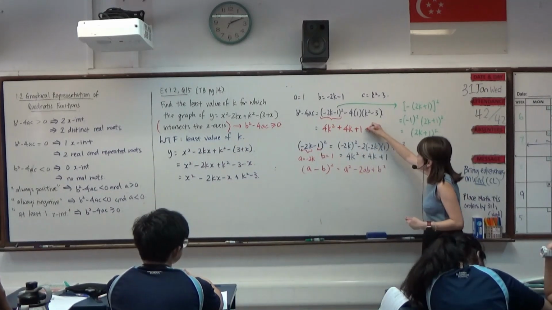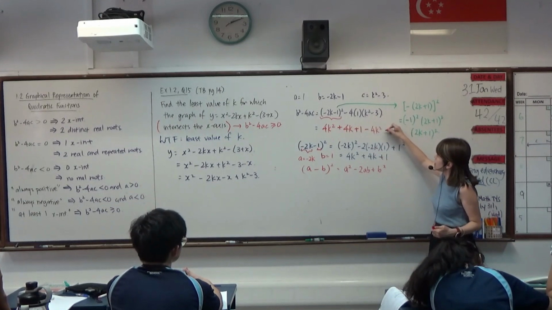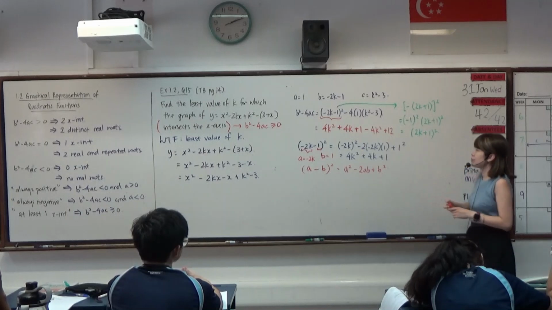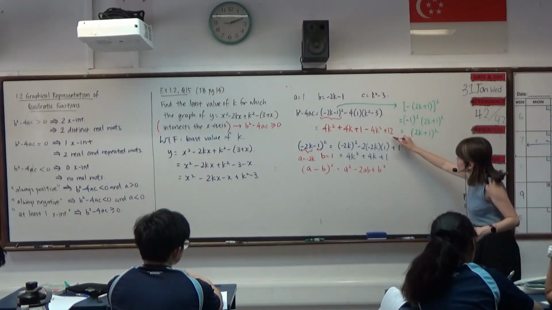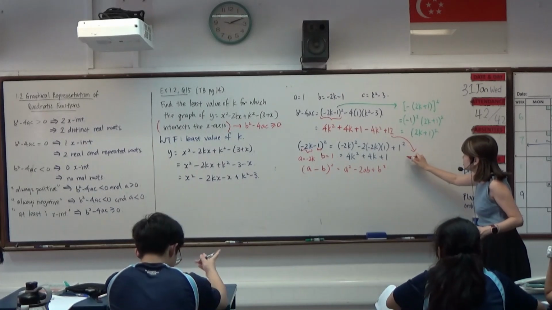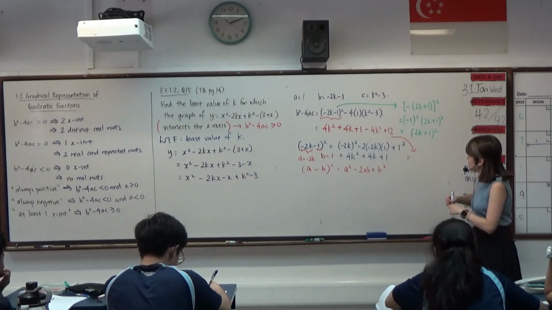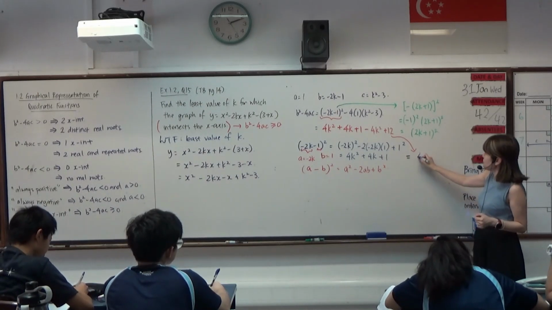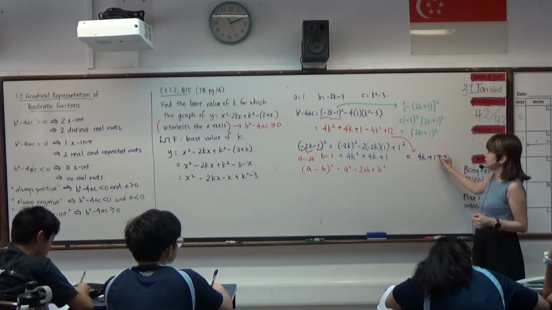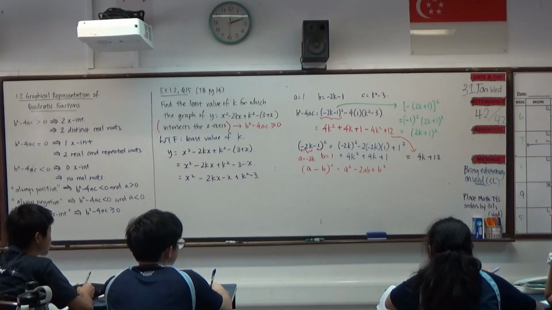And then we continue, minus 4k squared, minus 4 times minus 3, that will be plus 12. Okay? And then I will continue here, I'll continue in purple, which simplifies to be 4k plus 13. Right?